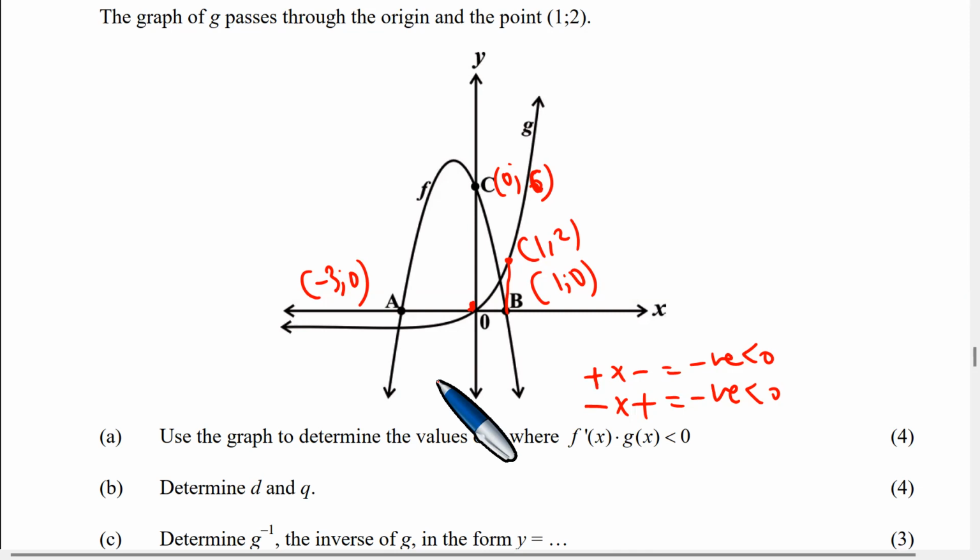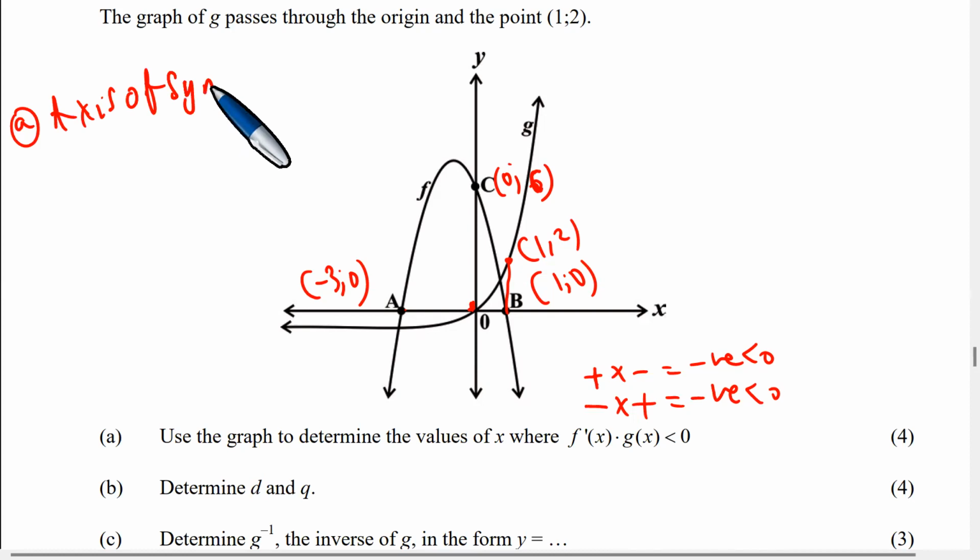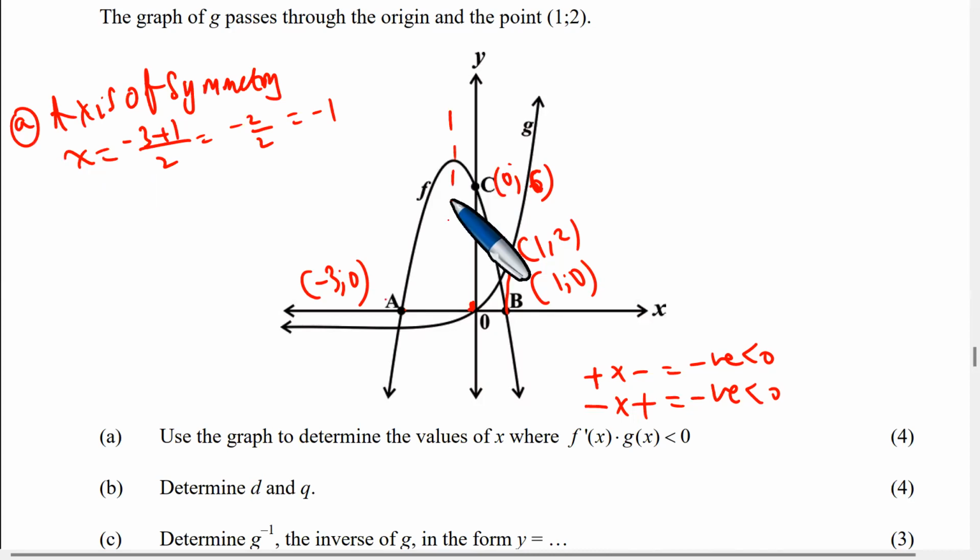Something to note in part A is the axis of symmetry. The axis of symmetry is given by x equals, you add this and that, so we have minus 3 plus 1 over 2, which is minus 2 over 2, which is minus 1. The axis of symmetry is going to be minus 1.